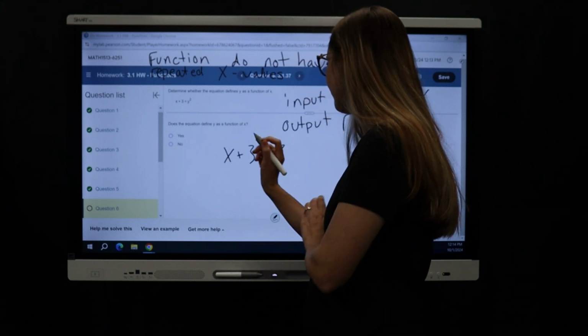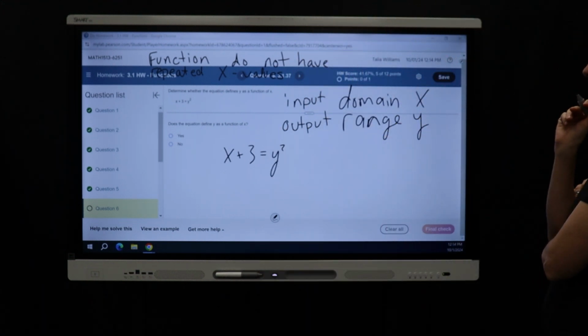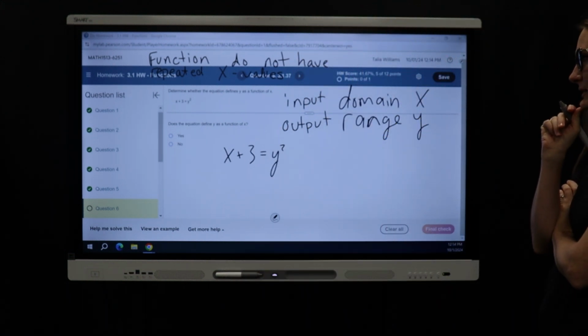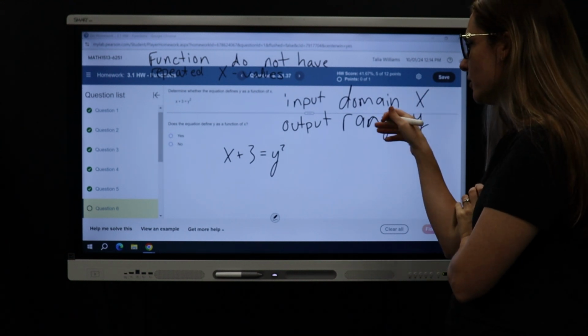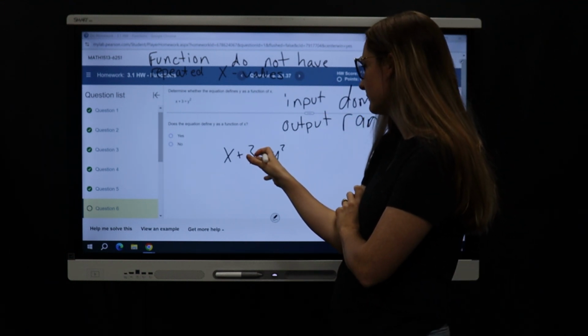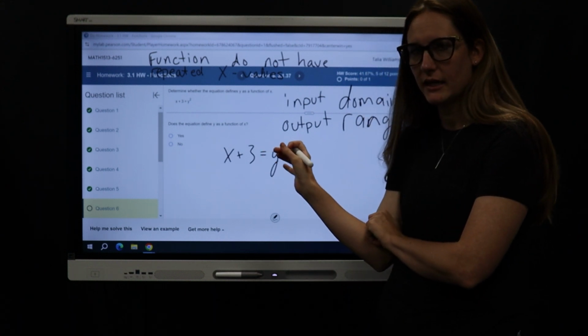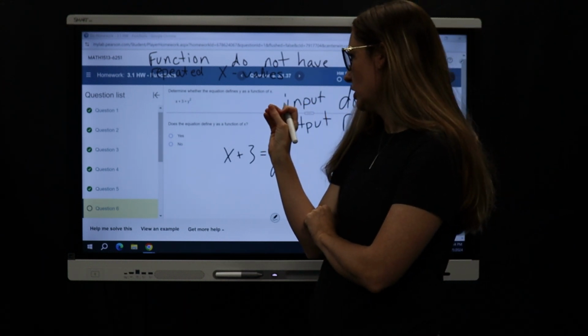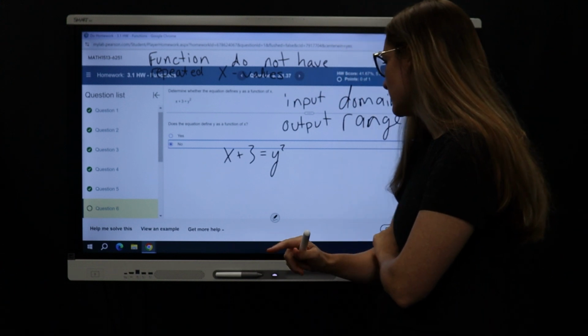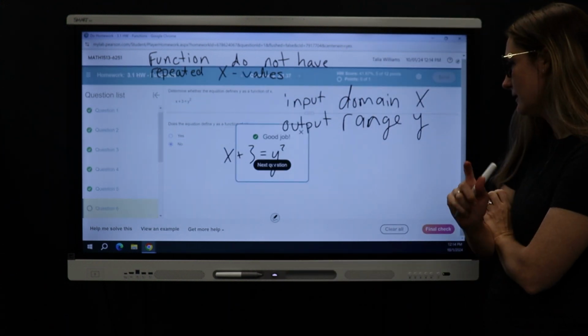Since y is squared, if I did the square root of this, I wouldn't have my positive and negative here like I need to. Since y squared, it's not a function.